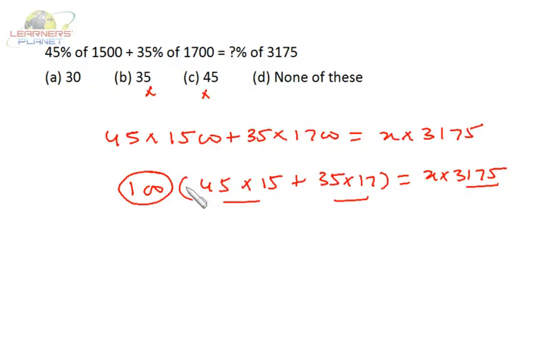Now we see the left hand side is a multiple of 100, and to produce the right hand side as a multiple of 100, we need to have even numbers. Okay, since 3175 is a multiple of 25, that means we are having 2 5s over here, which are enough to produce 2 zeros.